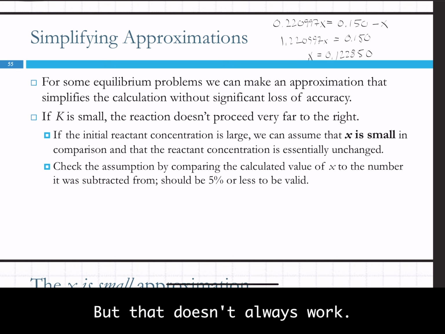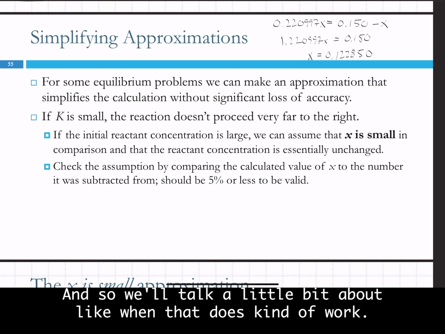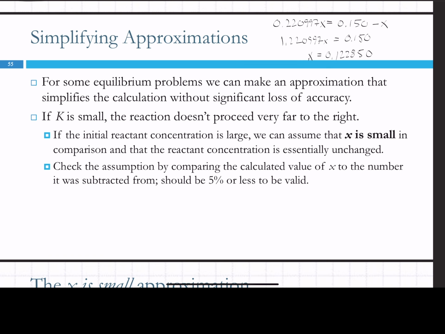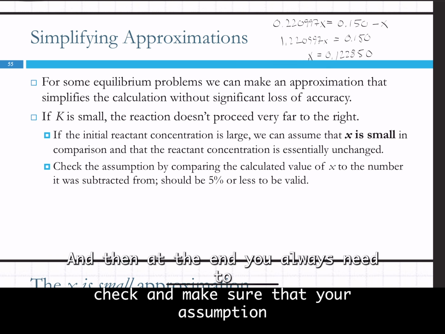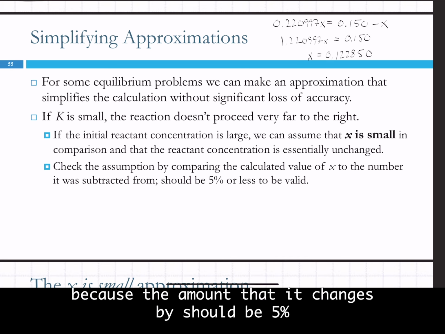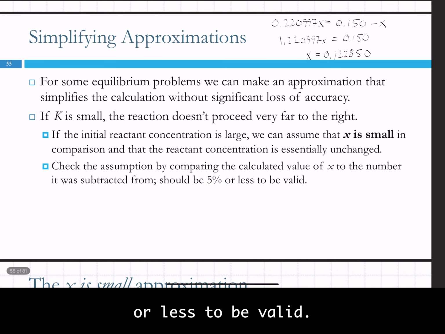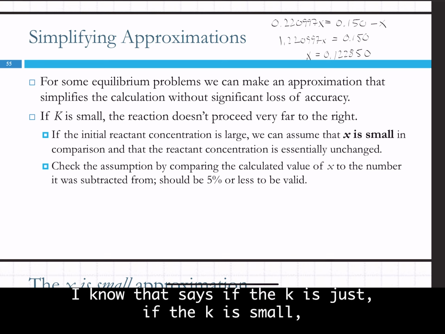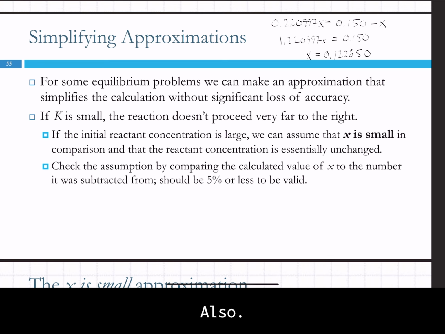But that doesn't always work, so we'll talk about when that does work. At the end, you always need to check that your assumption was correct: the amount that it changes by should be 5% or less to be valid. I know this says if the K is small, but if the K is large, you can actually use this also.